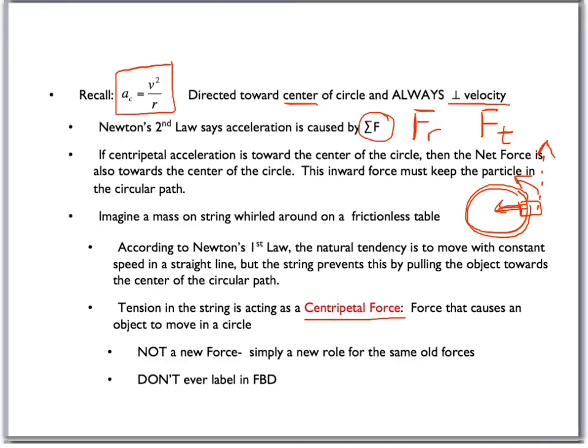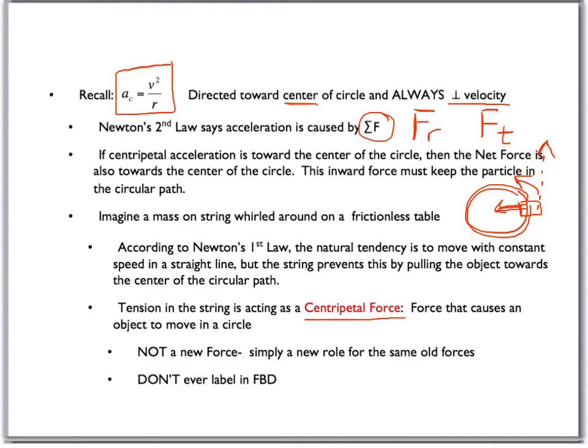It's not any new force. It's really just a new role that the same forces we've already studied can play. Forces like tension, gravity, normal forces, other contact forces. All of these forces have the ability to play the role of a centripetal force. So centripetal force is not its own thing.